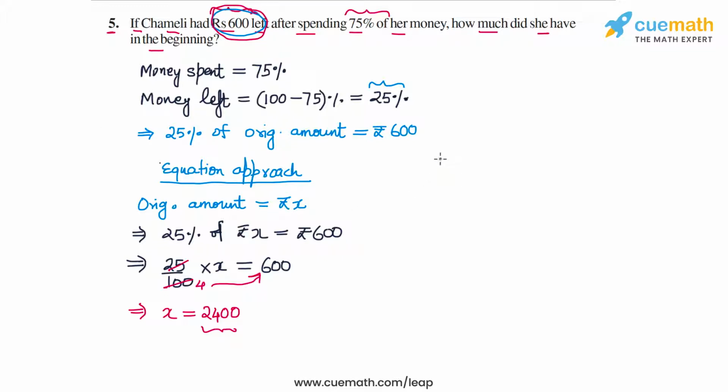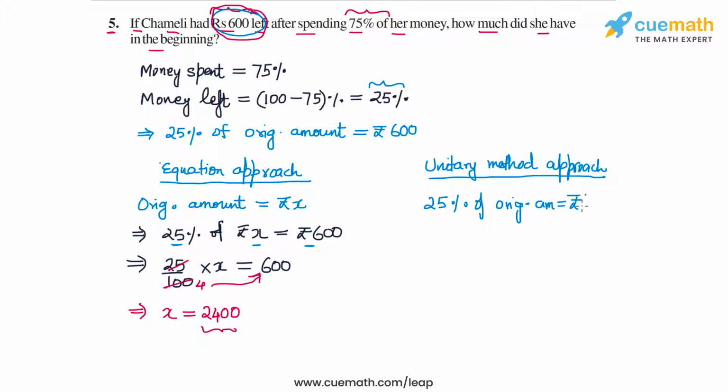The other approach to find the same answer is the unitary method approach. In this approach we observe that 25% of the original amount is 600. Let me write it in shorthand. 25% of original amount is rupees 600.